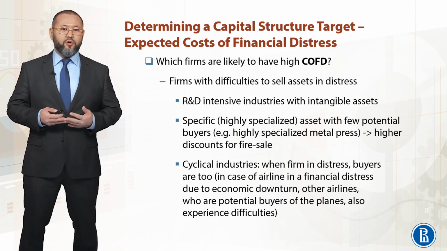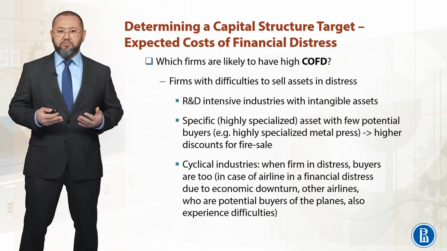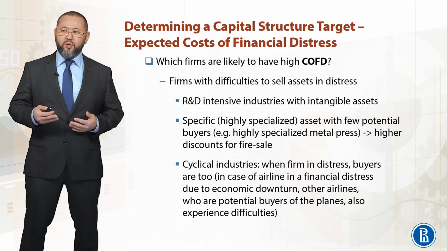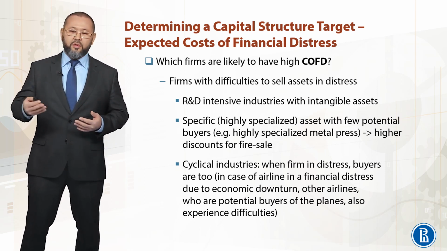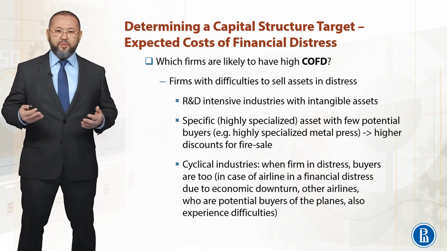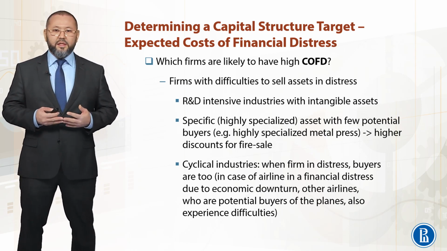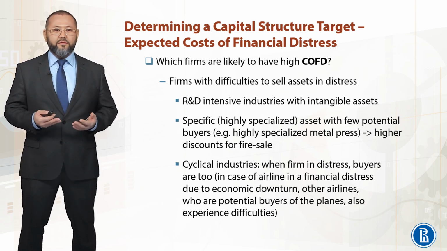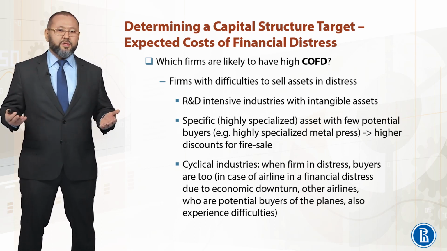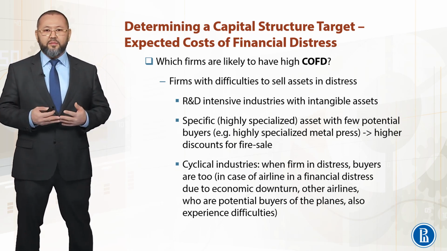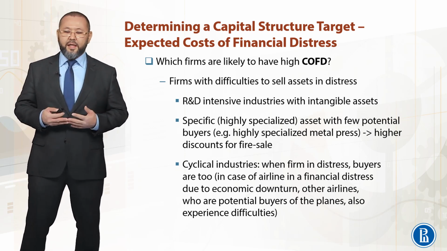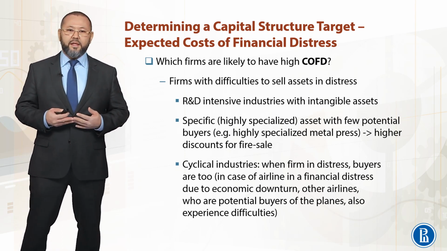Another type, firms with difficulties selling assets in distress. It's like research and development intensive industries with intangible assets, because it's easier to sell an office or a car than intangible assets. The second is specific or highly specialized assets, and such an asset has only a few potential buyers, like a highly specialized metal press. And with few potential buyers, you have to provide higher discounts for a fire sale.